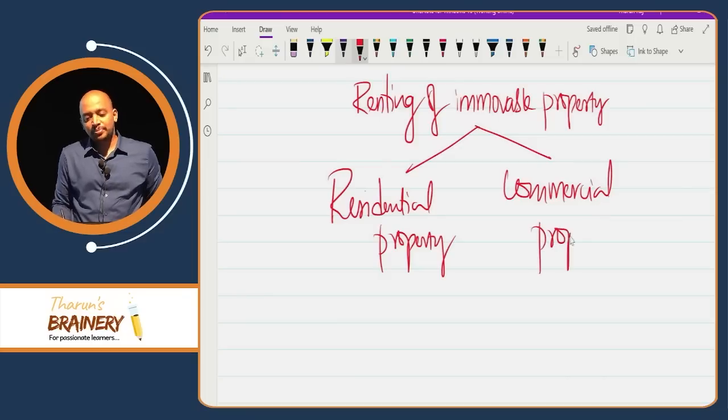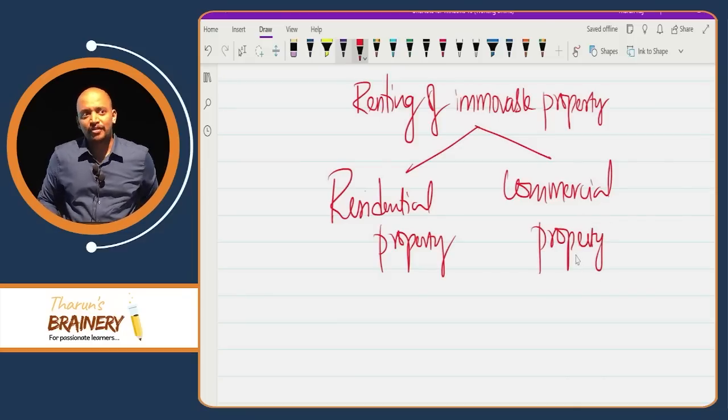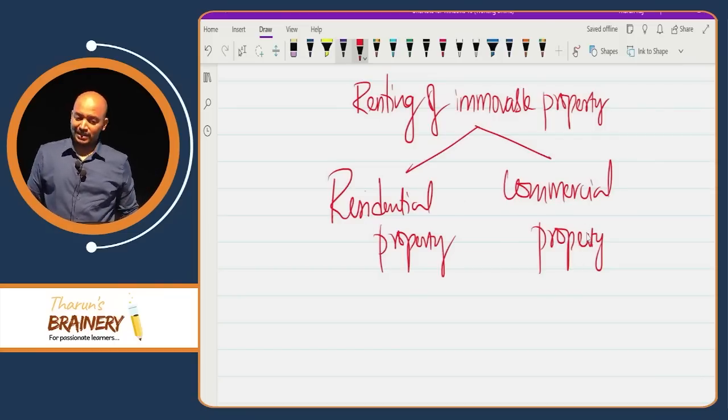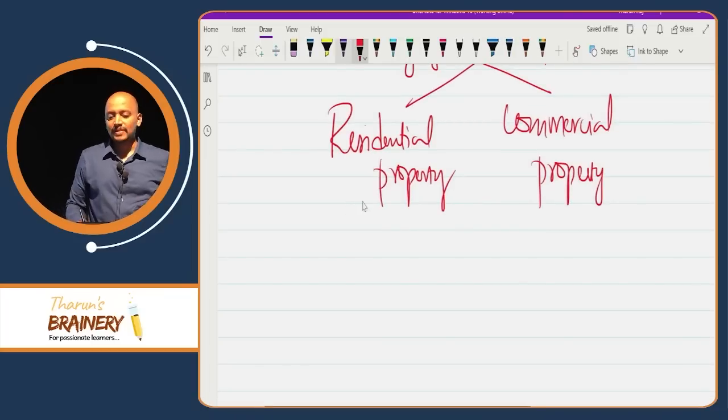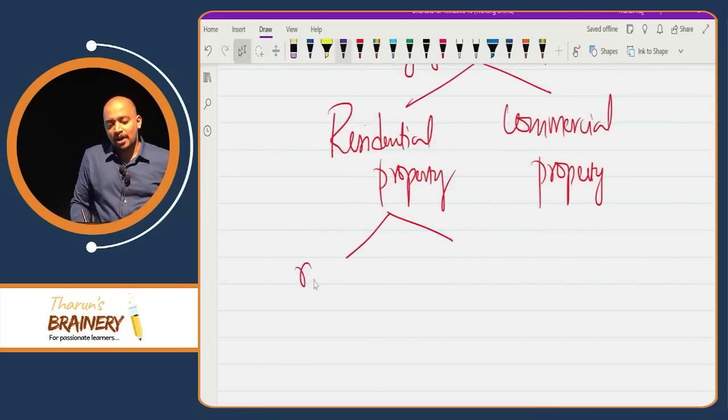For example, at the time of construction of this building, they would have taken approval for what? Residential or commercial. So, residential property and commercial property. Residential property is again divided into two: residential property for residential purpose, and residential property for commercial purpose.